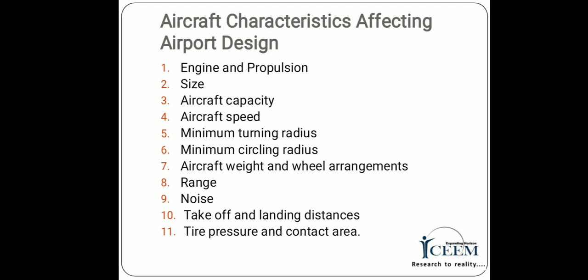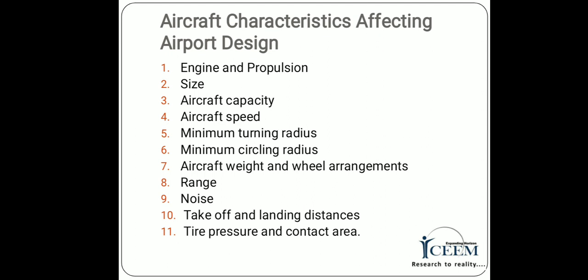Size of aircraft depends upon wingspan, fuselage length, the maximum height, distance between main gears, wheelbase and tail width. Wingspan decides the apron size, taxiway clearance, hangar size, and turning radius according to classification.